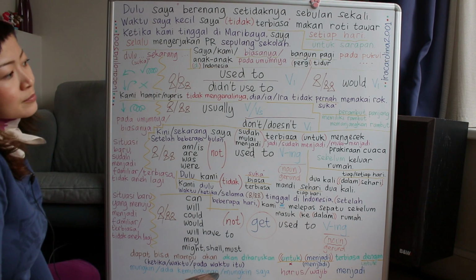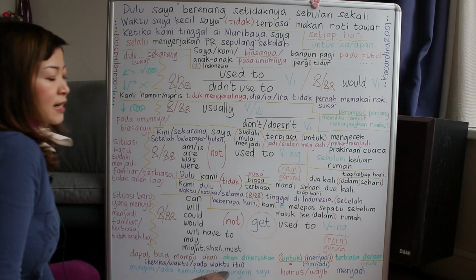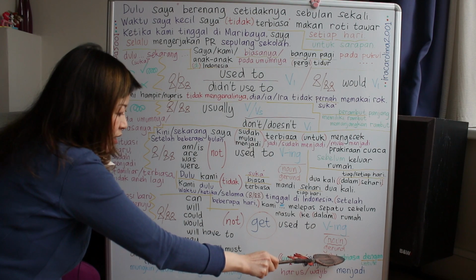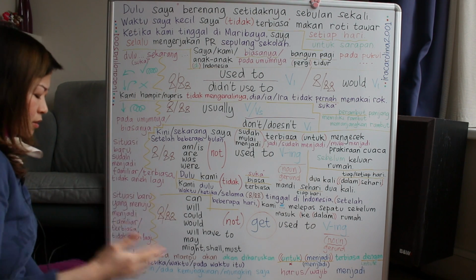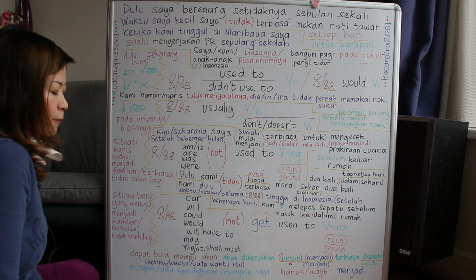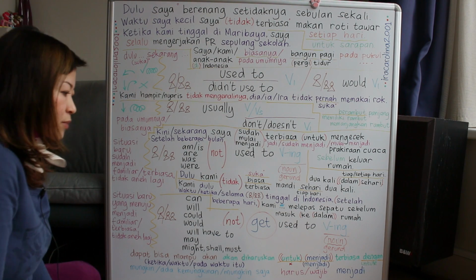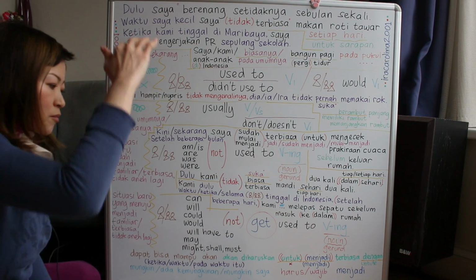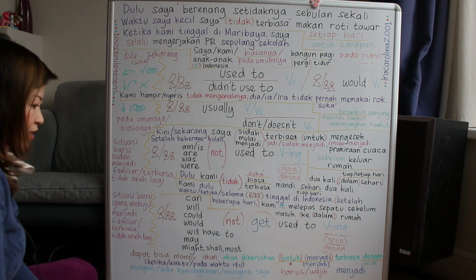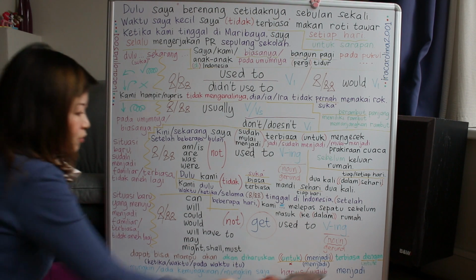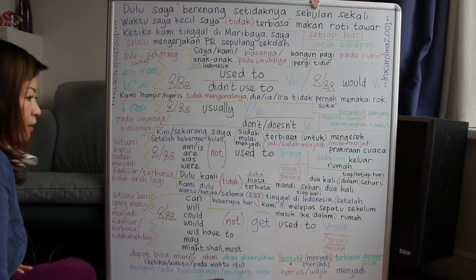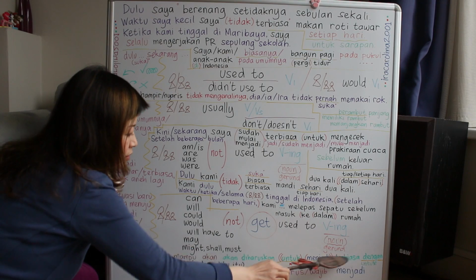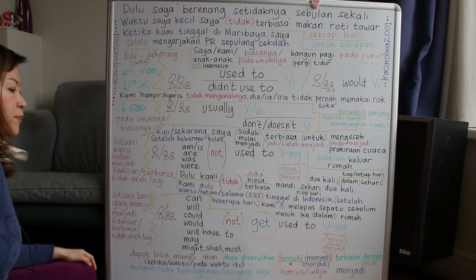Most of the time I use dengan, because maybe we think that if we say terbiasa untuk, it's a really formal one. Terbiasa dengan is already formal. Terbiasa untuk is a bit more formal. There's nothing wrong with saying it with untuk or dengan. Untuk, in this case, is a bit poetic, like a poem.